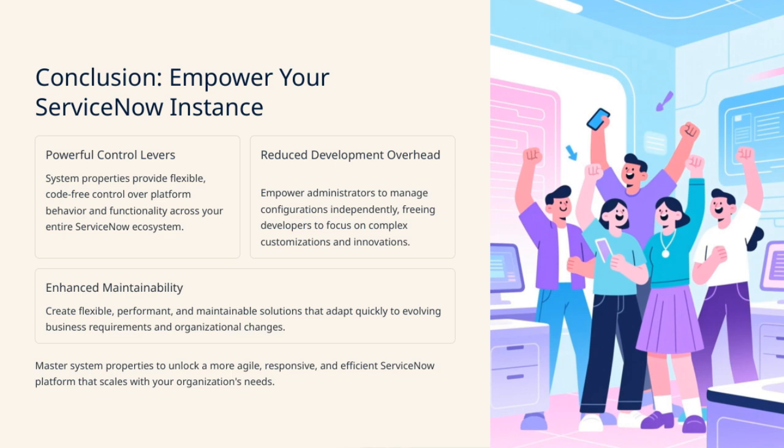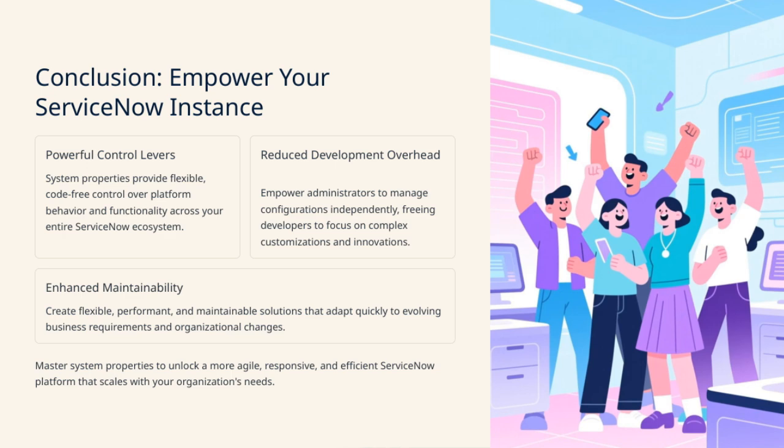Additionally, system properties significantly reduce development overhead. They provide a flexible, code-free way to control platform behavior and functionality across your entire ServiceNow ecosystem. This means you can fine-tune settings and features more efficiently, saving time and effort.